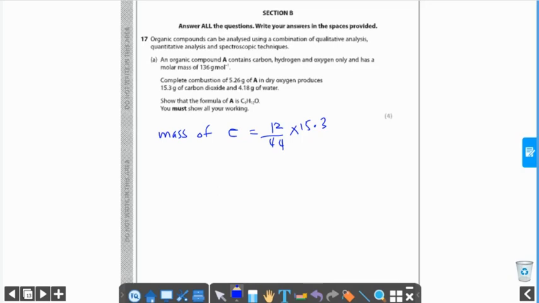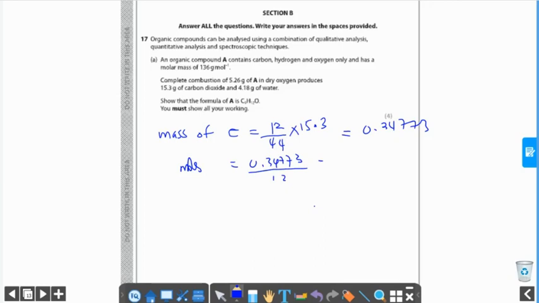Once you know the masses, you can work out the moles. So here you got 0.34773, and then you can find the moles. 0.34773 divided by the molar mass of carbon, which is 12. So you can work out the moles of carbon, right?